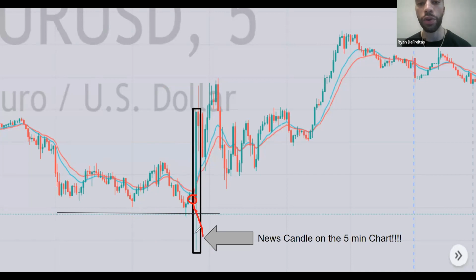If you would have bought, you would be in drawdown first, maybe 10, 20, 30 pips, and then it'll go up.